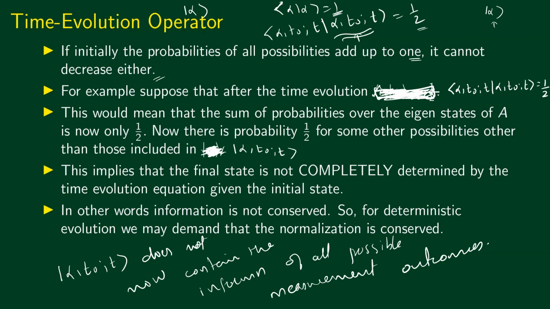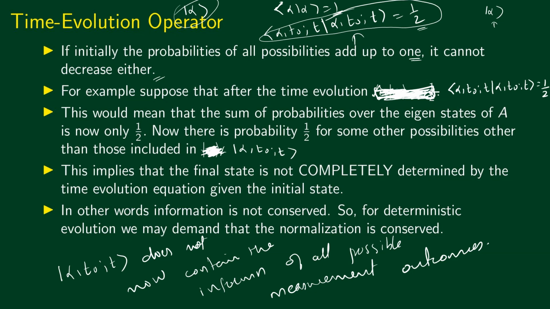There's a 50% probability for any other possibility which is not included in this time evolved state, which means that we have lost information. Initially, we have complete information in the state ket α. At a later time, we have lost some information. We only know of half of the possibilities. The information regarding the rest of the possibilities is not now included in the time evolved state.